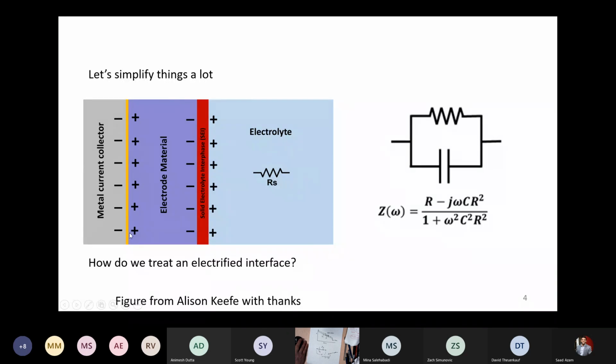And this is called the contact interface. Okay, so often you would have one RC circuit to represent the solid electrolyte interface, and a second RC circuit to represent the contact between the current collector and the electrode material.